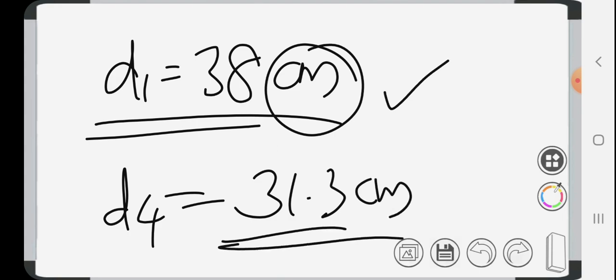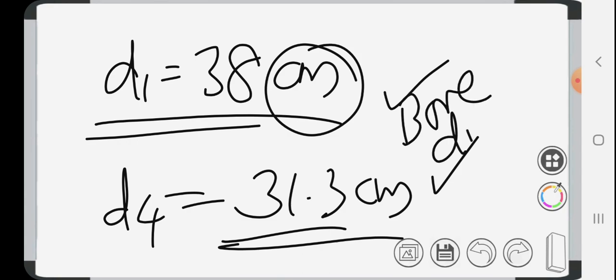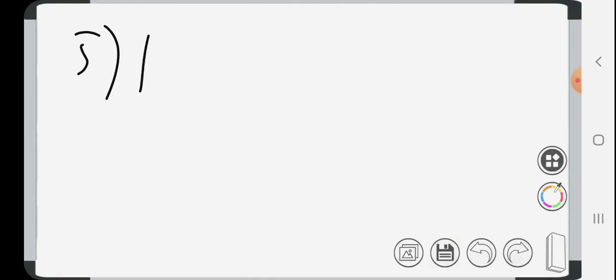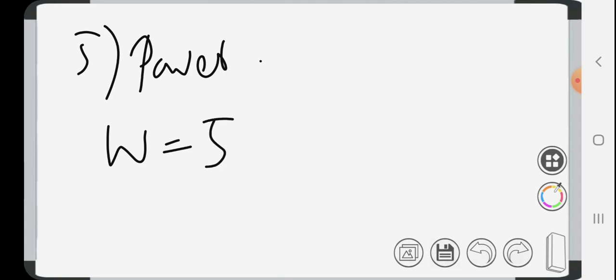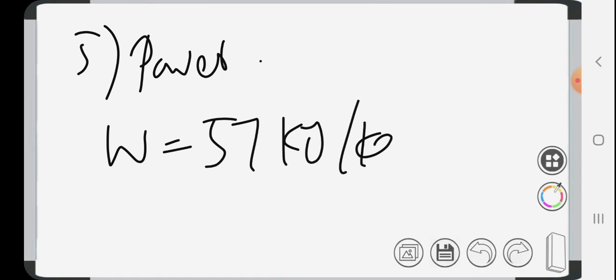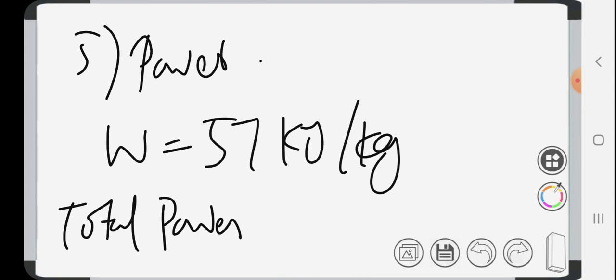So these are the bore dia of compressor and expander. Now the fifth one, total power. W is calculated as 57 kilojoule per kilogram. But total power will be W into m dot.